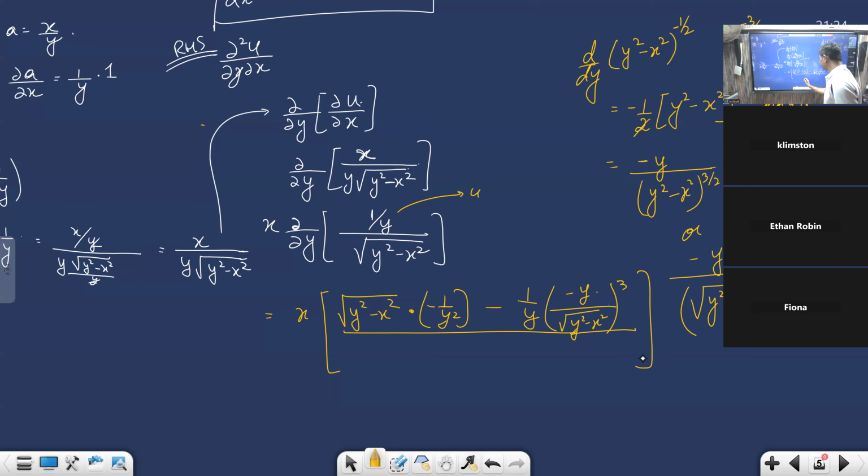Please check it. Divided by under root of y square minus x square whole square. Please look at this.